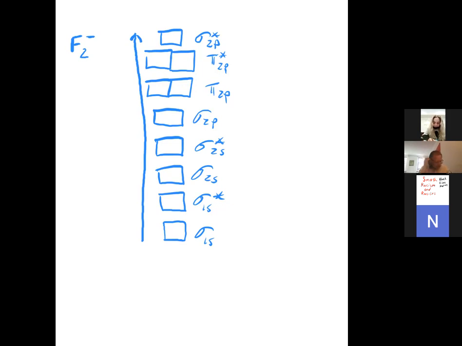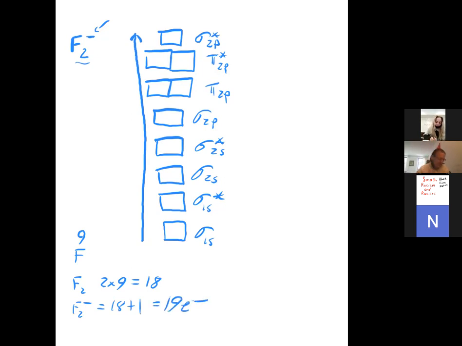So what you do is you say, fluorine is element number 9, so it has 9 electrons. It only has 7 valence, but it has 9 electrons. It's F2, so F2 would be 2 times 9, that's 18. Then it's negative, so F2 minus would be 18 plus 1, which is 19 electrons.